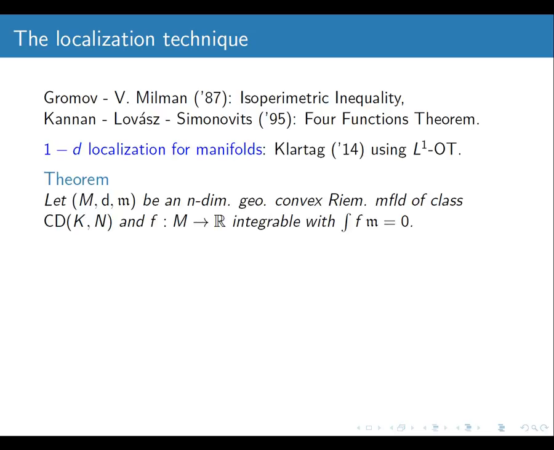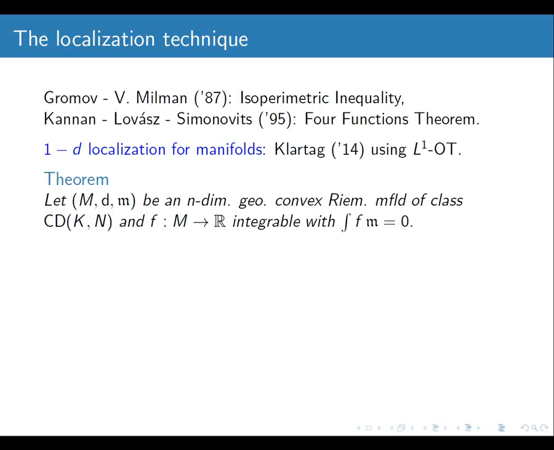Okay, so now where optimal transportation came into play was this paper from 2014, so it was again two years ago, by Klartag. He's part of the community of Gromov and Milman, more or less, and his breakthrough was to use L1 optimal transportation to produce a localization of the problem.